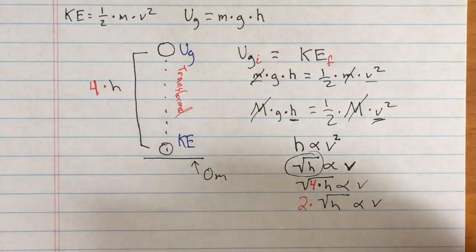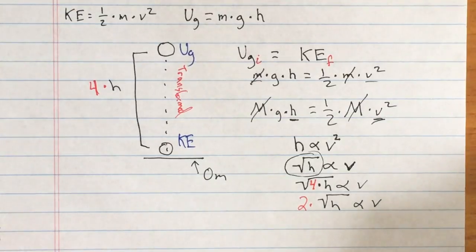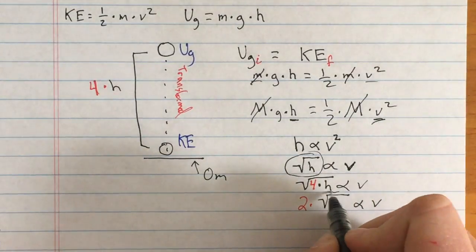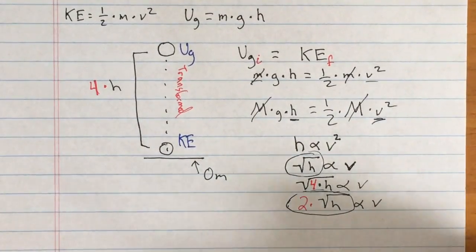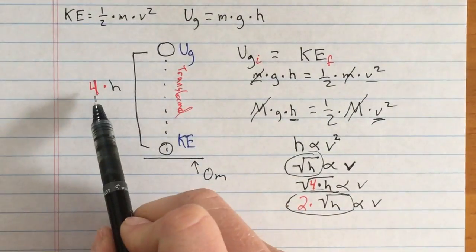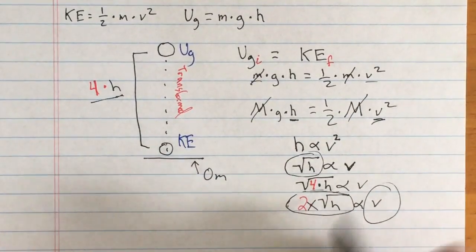It's proportional to the velocity. So before, the velocity was proportional to the square root of h, but now the velocity is proportional to 2 times the square root of h. So what we found out was that quadrupling the height doubles the velocity.